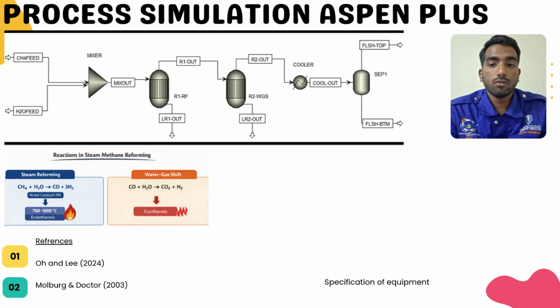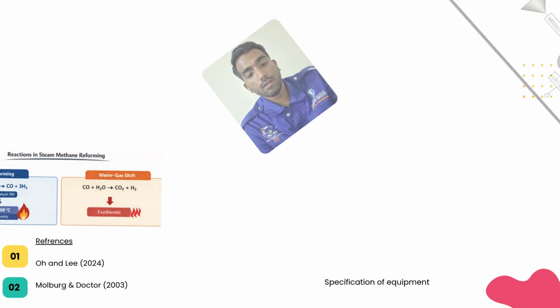Its function is to cool the gas temperature to around 35 Celsius for condensation. And lastly is the separator. The model I use here is Flash 2, and it functions to separate and cool the gas into a vapor stream rich in hydrogen and a liquid stream containing condensed water and CO2.